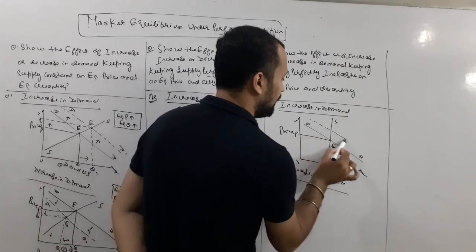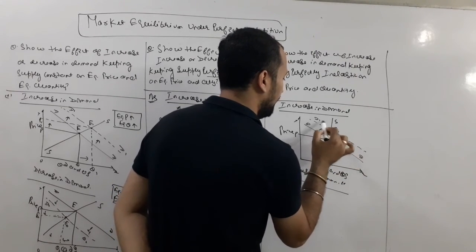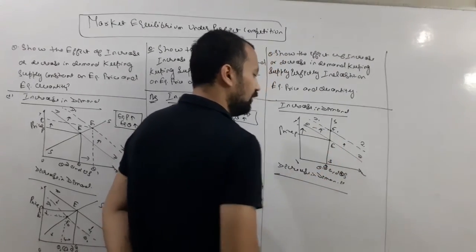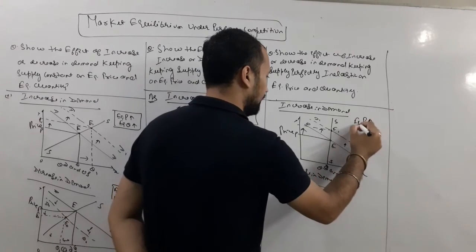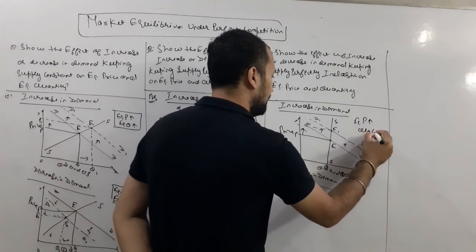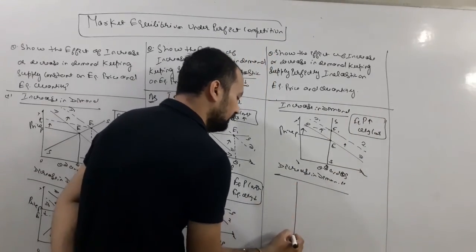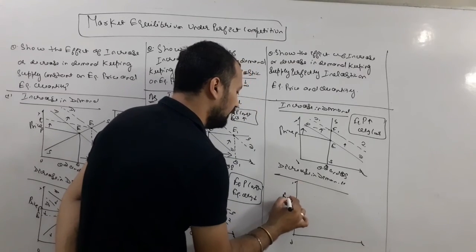When the demand curve shifts to the right, this is the new point E1, D1, D1. This is the situation in which price increases and quantity remains constant. In the same manner, we explain the other situation.